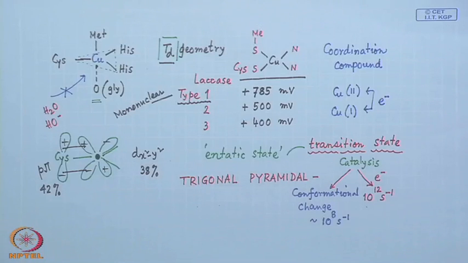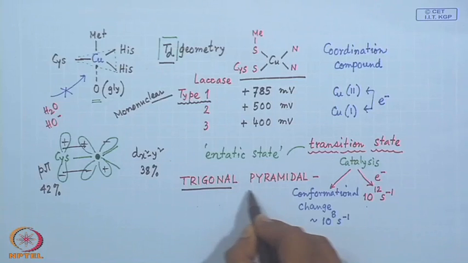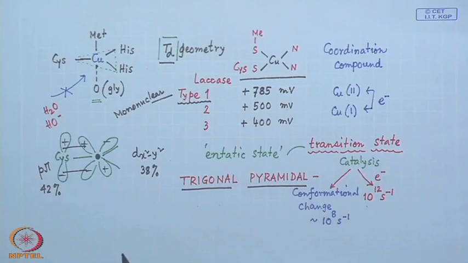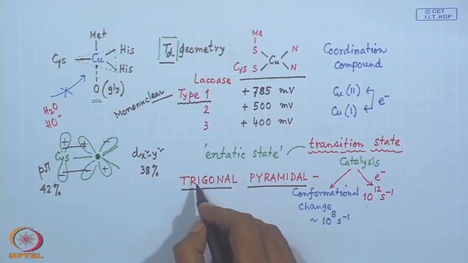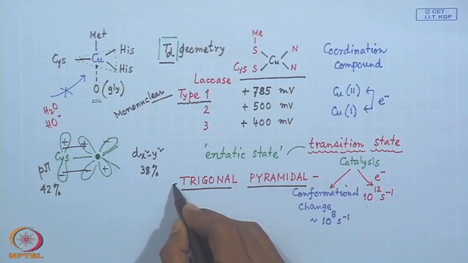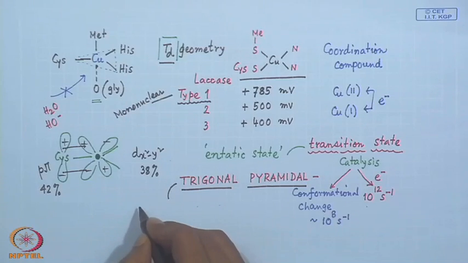That is why, in all these copper 1 type molecules, we have a highly distorted system, and one such example is trigonal pyramidal coordination. This trigonal pyramidal geometry is favorable for both copper 1 and copper 2.